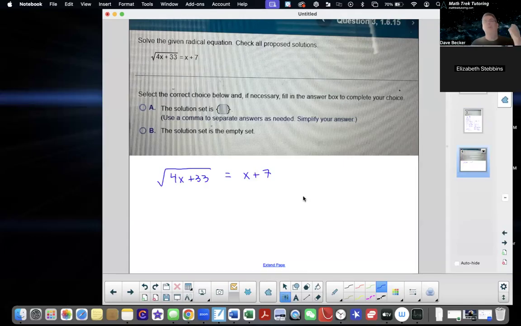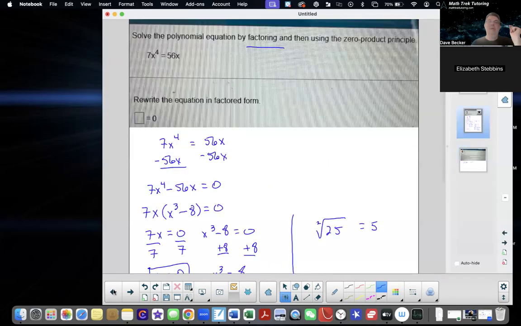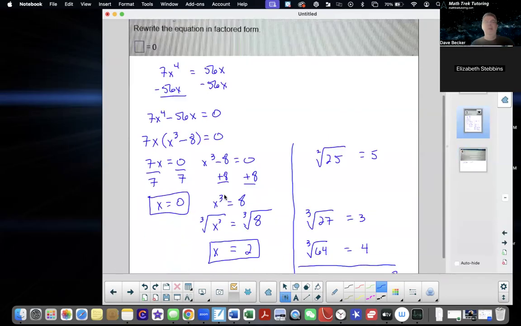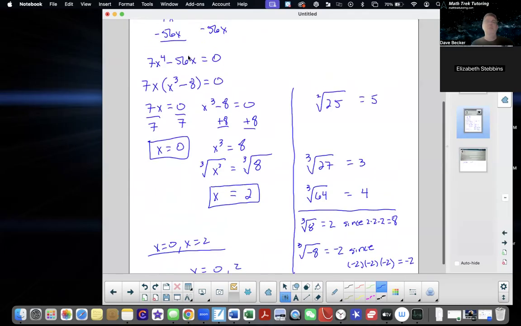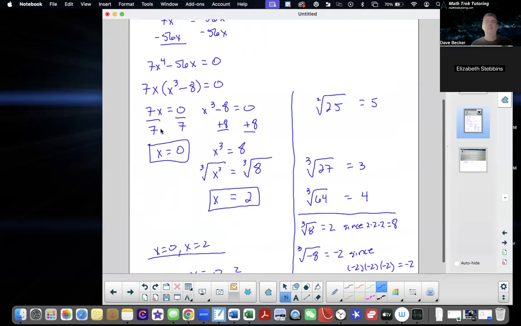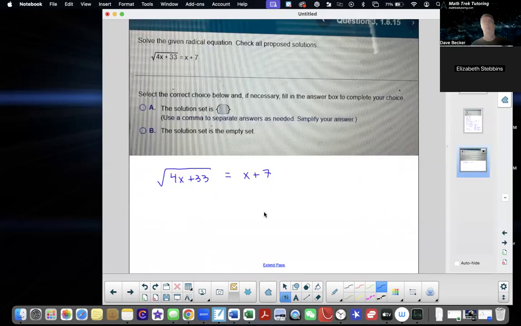Ultimately, the goal of solving any equation is to get your x's on the same side of the equation and then get them all by themselves, right? Even though it took a while on these, we did do it. Once we separated them out, we got x by itself. We had to do a whole bunch of horrific stuff before that, but eventually the goal was getting x all by itself.